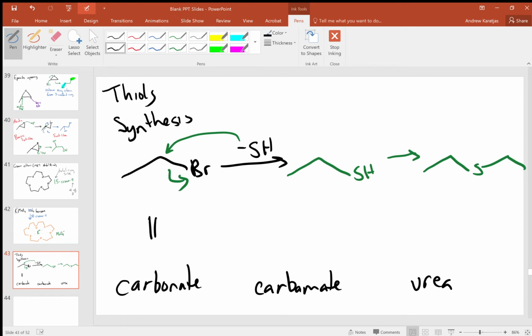So a carbonate is a carbonyl that has OR groups on both sides, or basically an ester with a second oxygen group. A carbamate replaces one of those oxygen groups with a nitrogen group.